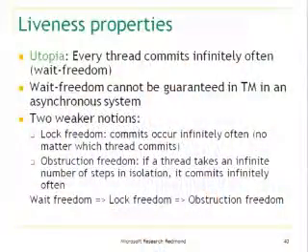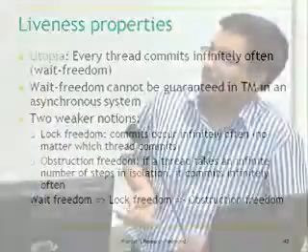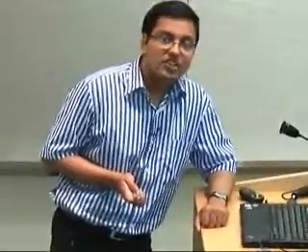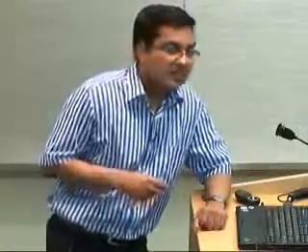As liveness properties, in utopia you want that every thread commits infinitely often, which is also called wait freedom. But wait freedom cannot be guaranteed in transactional memories in an asynchronous system. So there are two weaker notions. One is lock freedom, which says that there are an infinite number of commits, but those commits could be from the same thread or any thread; we don't care who commits, but commits are infinitely often.